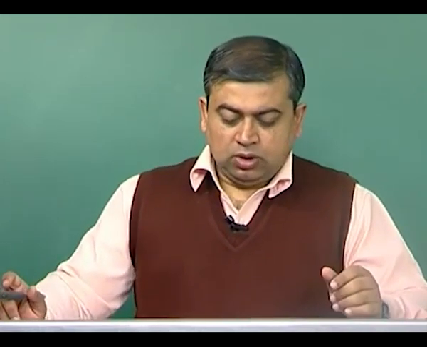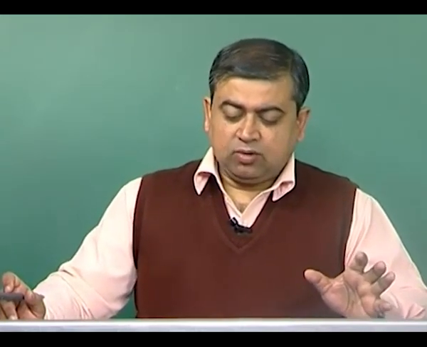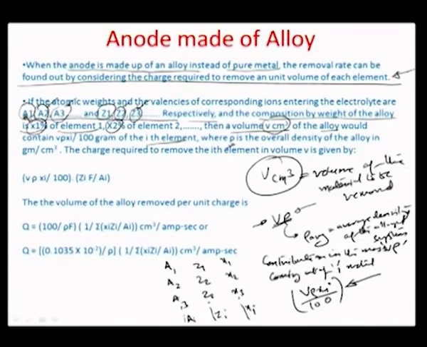Okay. So, the amount of charge that is required to remove the ith element in the volume V is given by the formulation: this mass removal times of Zi F by Ai. Okay.